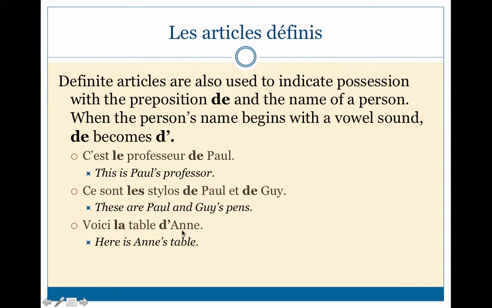So again, this is something that really does help you to sit down and think about it as a formula. You have your introductory, this is, these are, here is, c'est, ce sont, voici. Then you're going to use your definite article to talk about the noun that's being possessed, that's being had. And then you're going to say de, of whoever is possessing that thing.